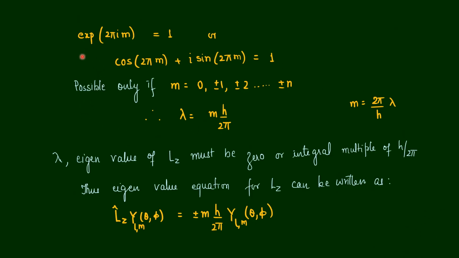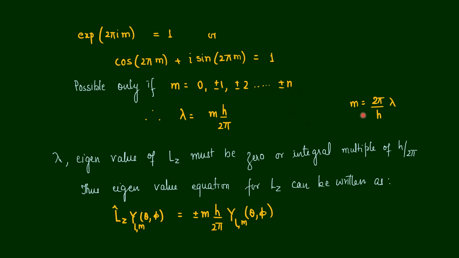So here we see that exponential i 2 pi m is equal to 1, or it can be written in trigonometric form as cos 2 pi m plus i sin 2 pi m. This should be equal to 1. And this condition is only possible if m is equal to 0, plus minus 1, plus minus 2, and so on.